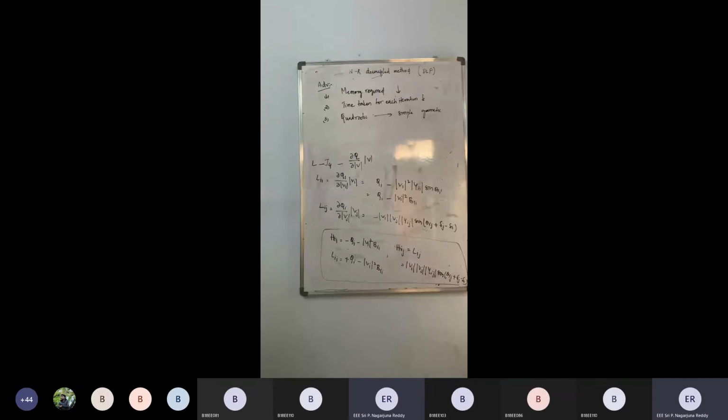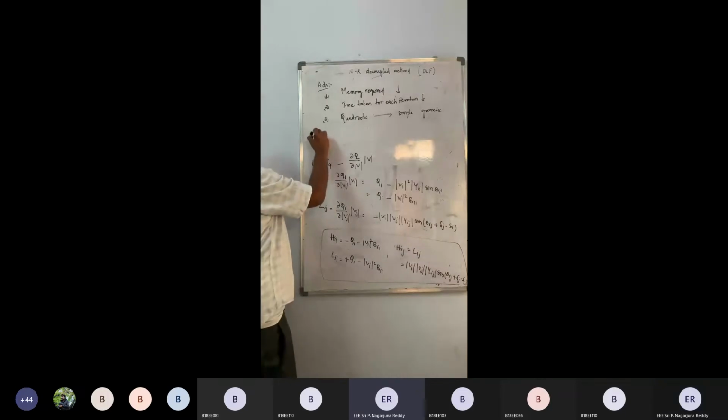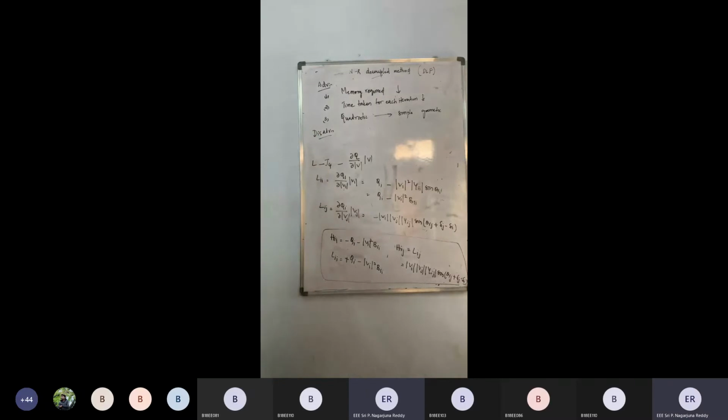Then what is the disadvantage? Then why don't we employ this? As already said, in the Newton-Raphson polar method, however big the problem is, it takes only a maximum of 5 iterations to solve the entire problem. That is the biggest advantage. Even though it is very complex, even though the Jacobian matrix computation is very large, the biggest advantage offered by the Newton-Raphson polar method is that we can get the solution in at most 5 iterations.